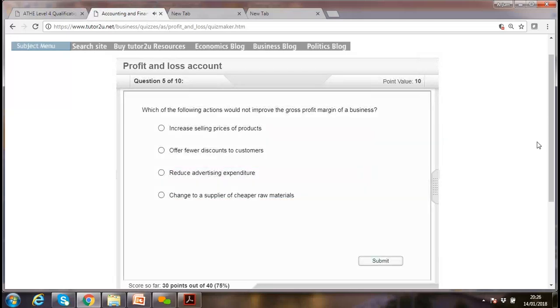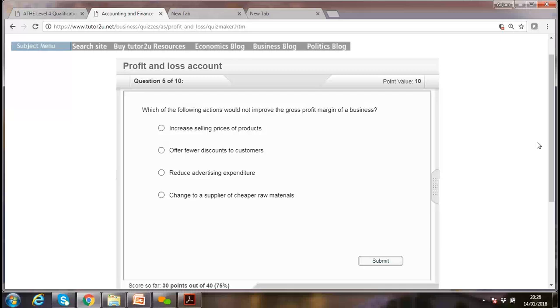Which of the following actions will not improve the gross profit? Gross profit comes from sales less cost of sales. So which action of these: increase the sale price of the product? That should normally increase it. Offer a few discounts to the customer, reduce advertising expenses, or change the supplier to cheaper raw material. Which one will not improve? All others can improve. Three of them could improve.